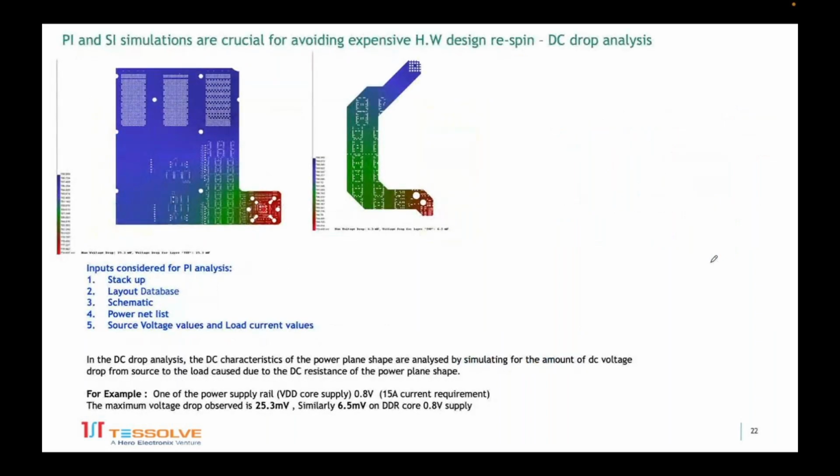PA and SI simulation is very critical. If you look at this picture, the blue shades are where there is not much drop, and the red is where the drop is. Improving that means your PCB design should not limit the measurement of the device performance. So in this case, the stack up layer planning is very important.